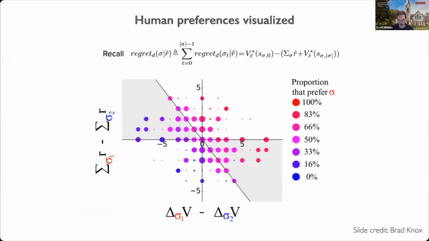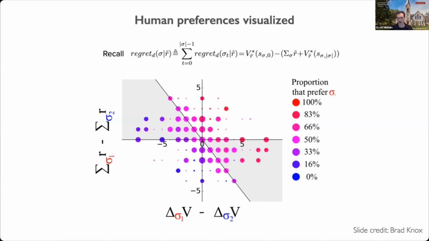And what we found is this graph, which is a little bit hard to interpret, but I'll try to walk you through it. Each colored dot here is essentially two trajectories, and the color represents the proportion of people that prefer trajectory 1 versus the proportion of people that prefer trajectory 2.